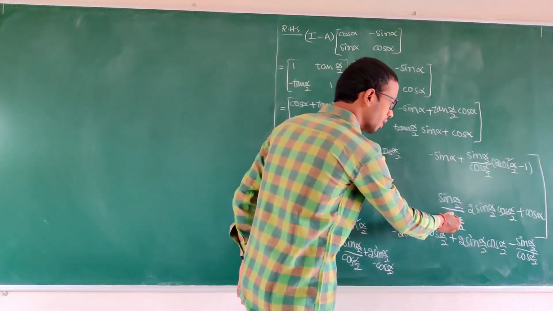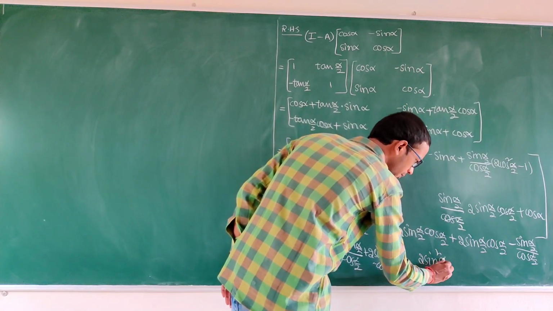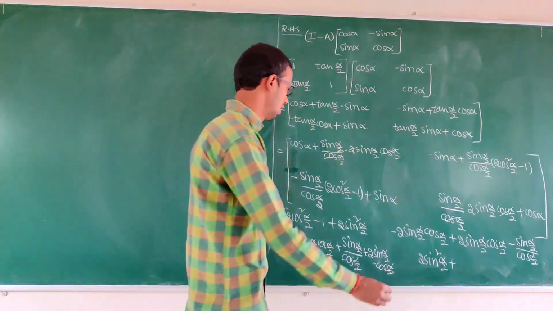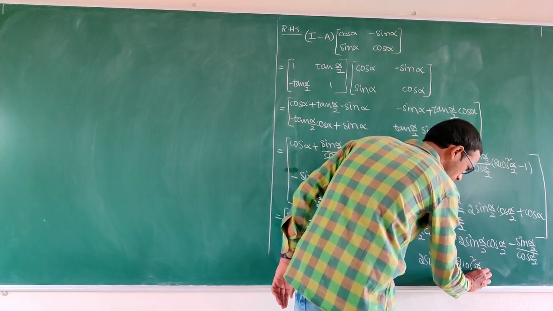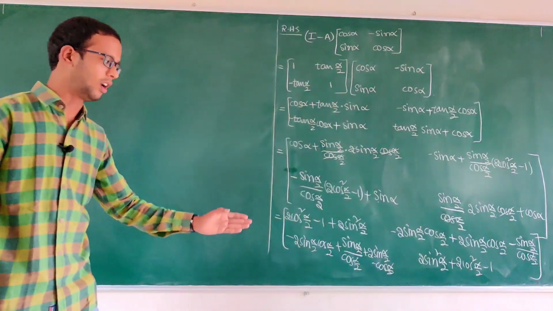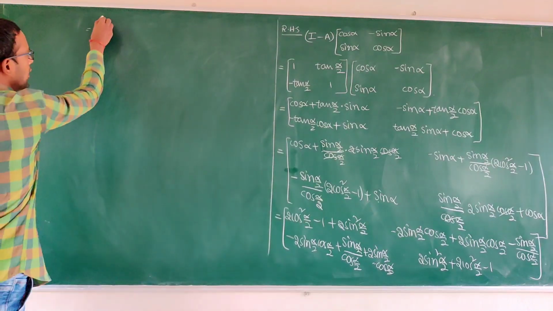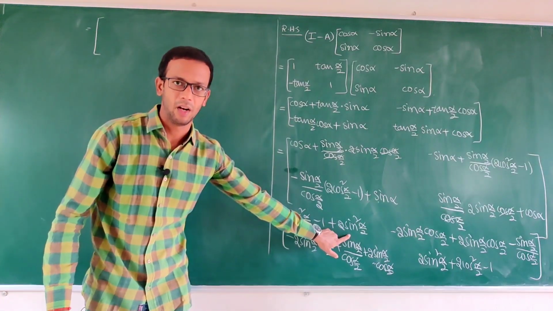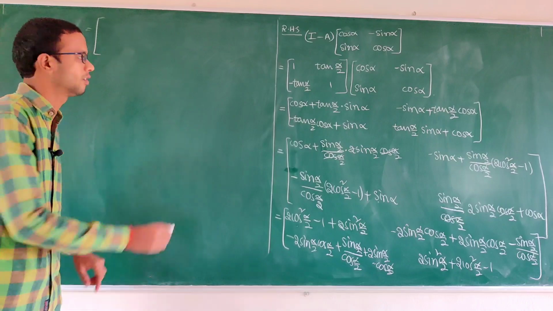Next, here 2 sin square alpha by 2 plus cos alpha, how can we write? 2 cos square alpha by 2 minus 1. So this one we got. After this, a small simplification is there. You observe, if you take 2 common, cos square alpha by 2 plus sin square alpha by 2, that value is 1.